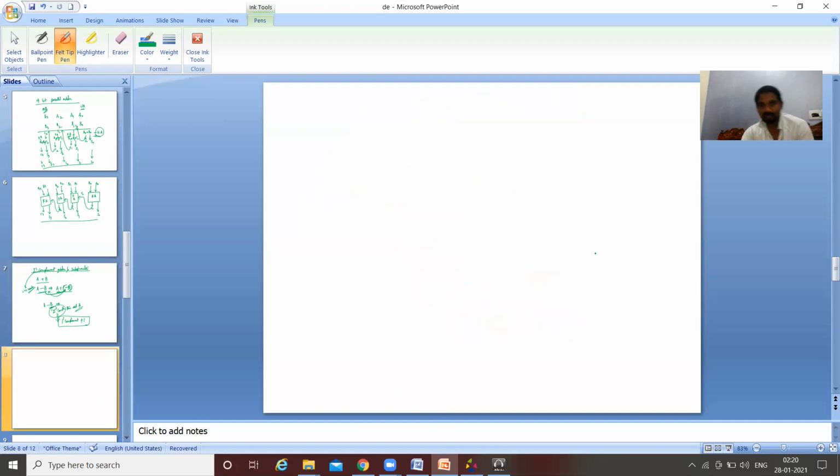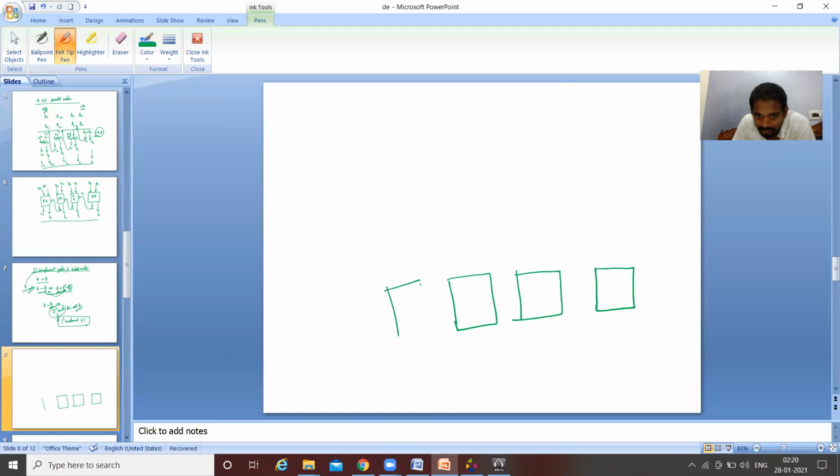Consider a 4-bit parallel adder or subtractor. Now observe here, 4-bit parallel adder and subtractor, or n-bit parallel adder and subtractor, whatever it may be. This is the adder, X0, X1, X2, X3, to avoid confusion.